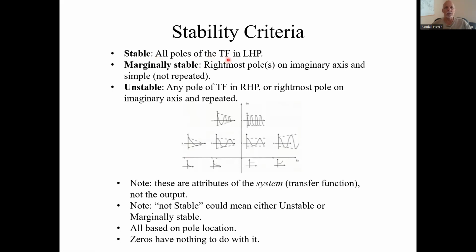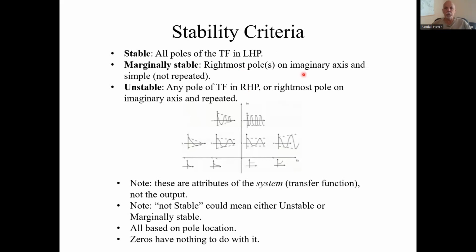If all poles of the transfer function are strictly in the left half plane, you're guaranteed the output will be bounded if the input is bounded. We call that stable. If any pole of the transfer function is in the right half plane, or its rightmost pole or poles are on the imaginary axis but repeated, then it's unstable.